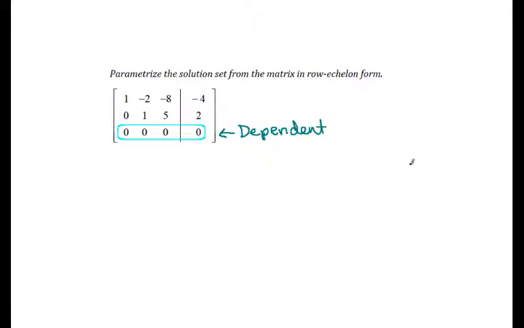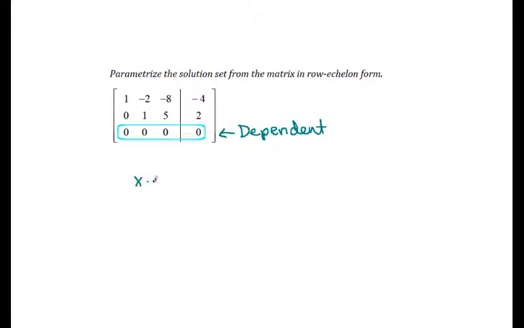However, this is where it differs from the 2x2 case. Maybe in the 2x2 case you're happy enough to just say it's an infinite number of solutions. Here we can do a little bit more, and we're required to do a little bit more. We can still express that solution set using a parameterization. The way we do that is first just reading off the equations.